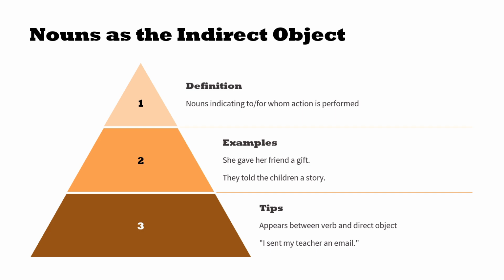Sent what? I sent an email. Then the indirect object is my teacher, right? Because that answers sent to whom. We sent it to my teacher, or I sent it to my teacher. So by following this approach, you can easily identify indirect objects and understand how they enhance sentence meaning.